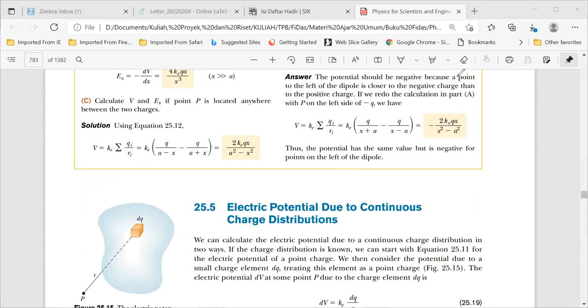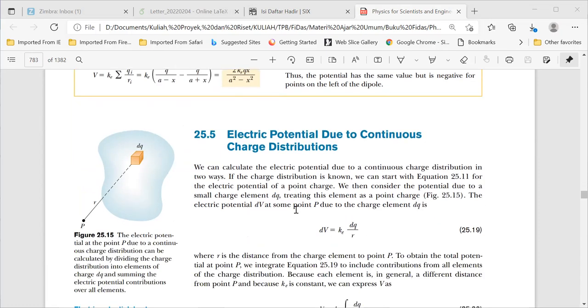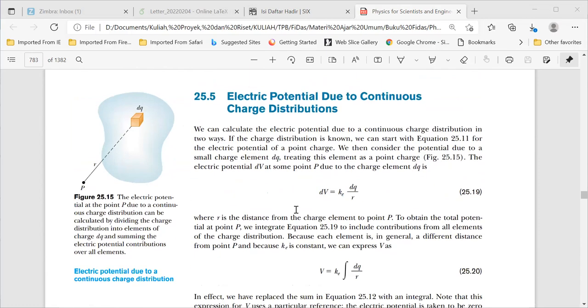Oke. Kemudian untuk muatan kontinu, kita sudah bahas bahwa muatan kontinu itu merupakan aproksimasi dari muatan diskrit, di mana muatan diskritnya sangat banyak dan berbentuk mirip benda kontinu. Jadi contohnya bola, silinder, kawat dan seterusnya.